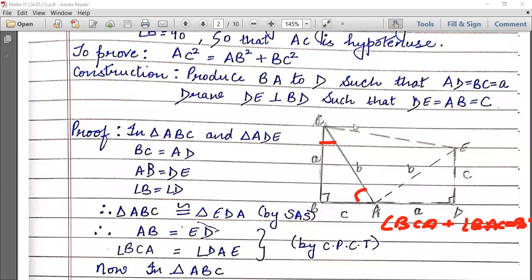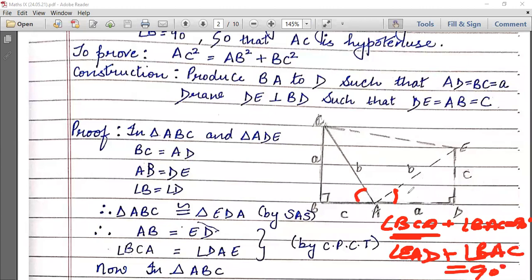Okay, and children, you know that angle C is equal to angle EAD. We have just proved that by CPCT, that angle C is equal to angle EAD. So instead of this, you can write angle EAD plus angle BAC, which is equal to 90 degree.